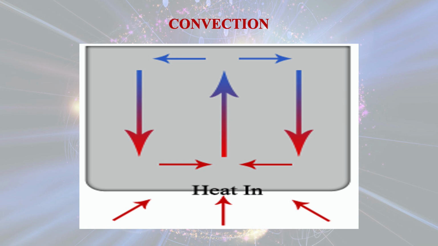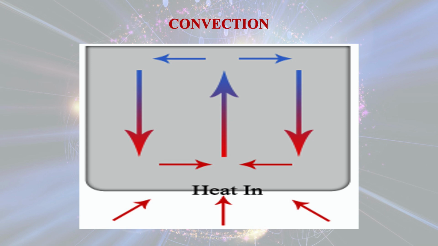So heat is in at the bottom, and the adjacent layer of fluid at the bottom which is receiving heat will have less density and move in the upward direction, and from the upper layer, since the temperature of the fluid is less than the lower layer, those fluid particles will be denser, so they will come in the downward direction, so it will be a circulatory motion.